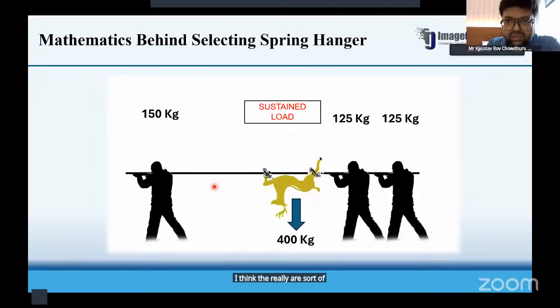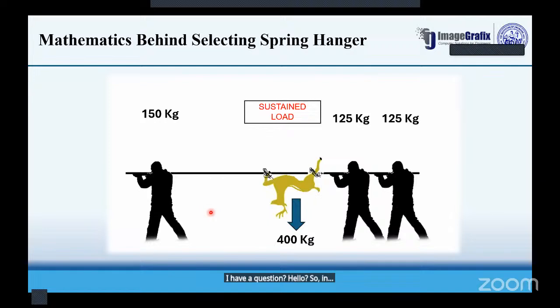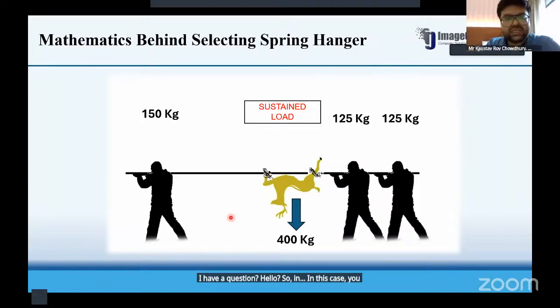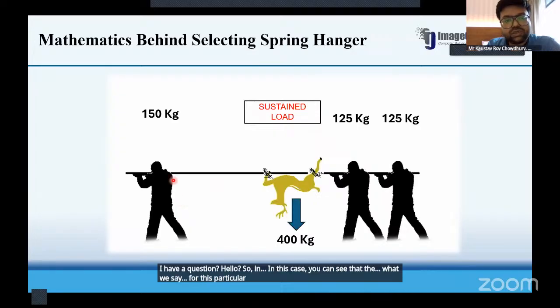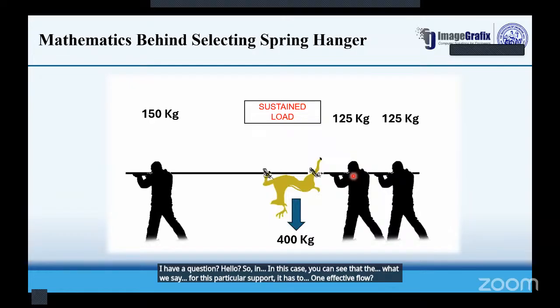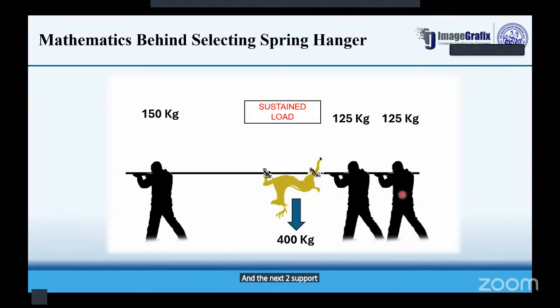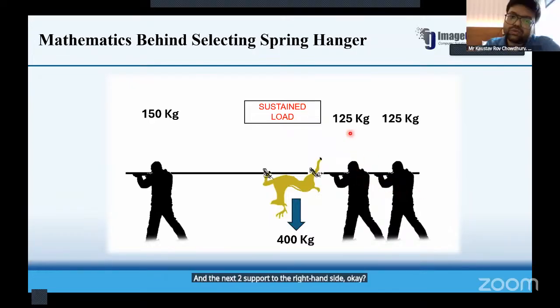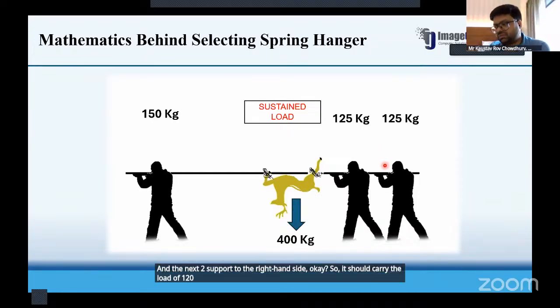In this case, you can see that this particular support has to take 150 kg of load, and the next support to the right-hand side should carry a load of 125 kg each.